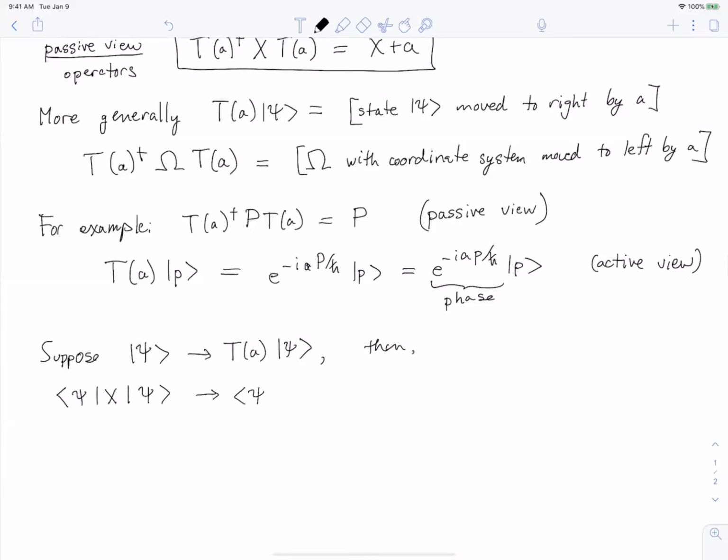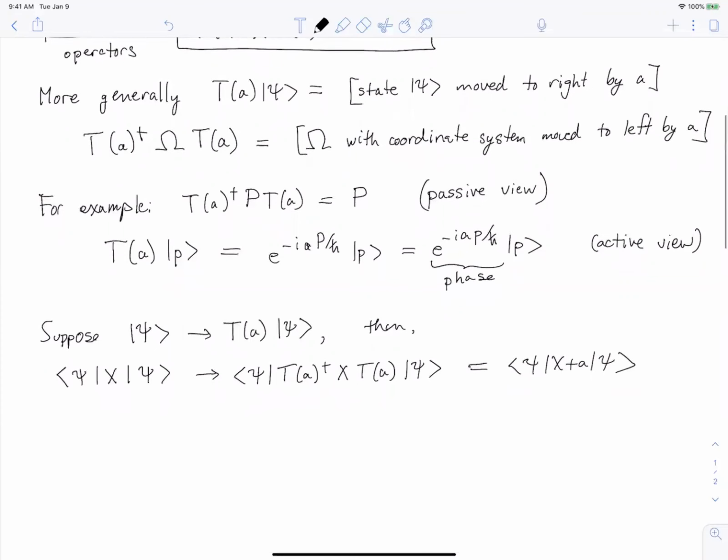It's <psi|T_a dagger x T_a|psi>. Notice you can either do this in the passive view, where you think about x as transforming, or you can do it in the active view, where you think about it as the psi transforming, but either way, it's the same thing. And then that's equal to <psi|x plus a|psi>.